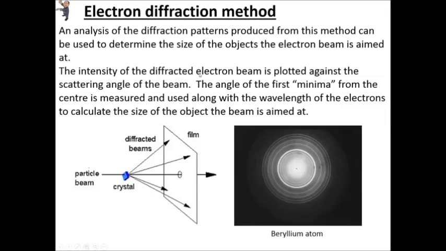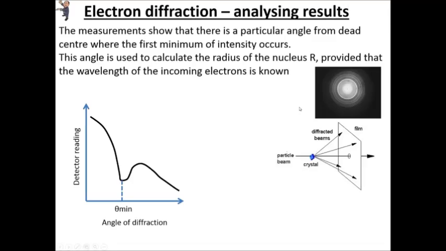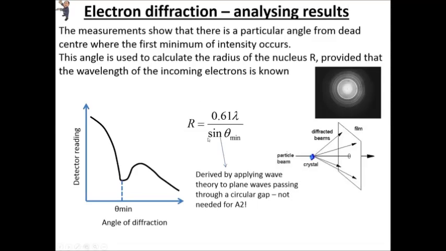So the intensity of the diffracted beam is plotted against the scattering angle of the beam, and the angle of the first minima is measured and used in another formula which you don't need to know, but I'll just mention it. The angle of the first minima is used along with the wavelength of the electrons, which is the de Broglie wavelength, and you can use that to get a size of the gap.